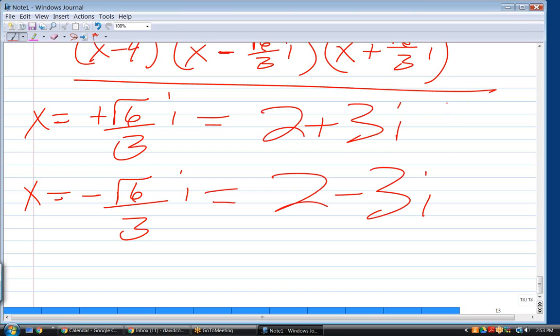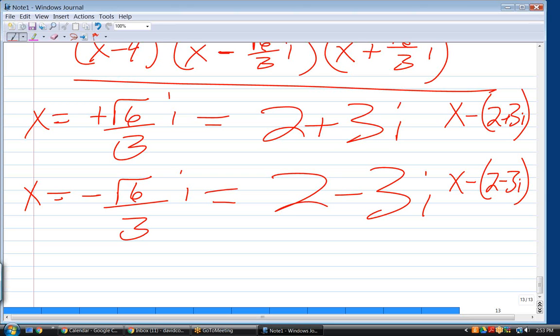Well, now this factor is going to be x minus the quantity 2 plus 3i. This factor is going to be x minus the quantity 2 minus 3i. So even if you have a complex solution that has a real part to it, you still have to do x minus that whole thing.